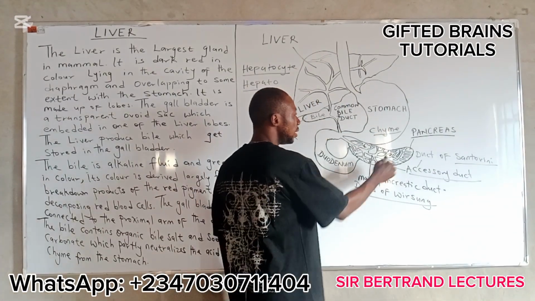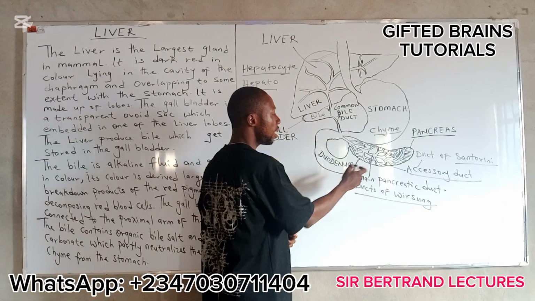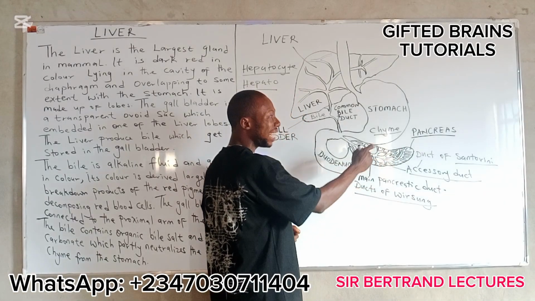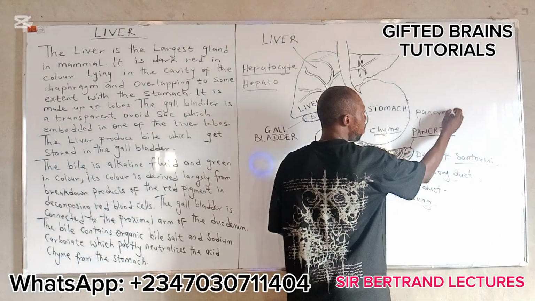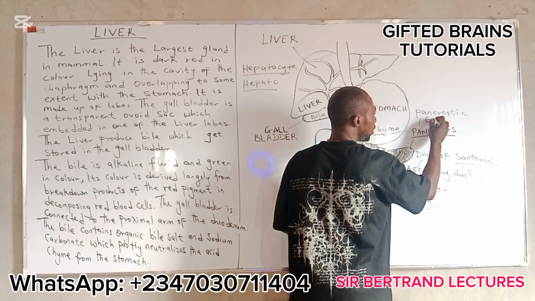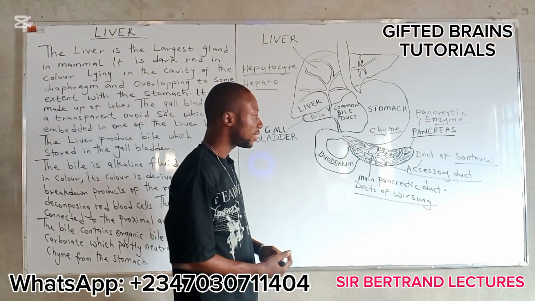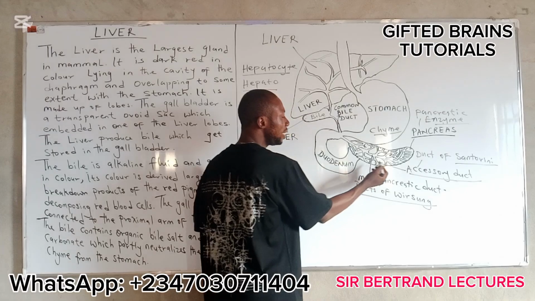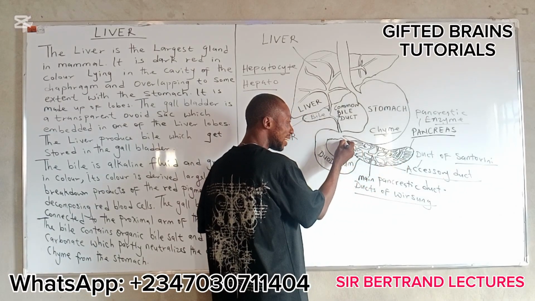All right. Then the pancreas, we are looking at the exocrine function of the pancreas here. The pancreas produces pancreatic enzymes which help to facilitate digestion. These pancreatic enzymes empty into the duodenum through the pancreatic ducts.